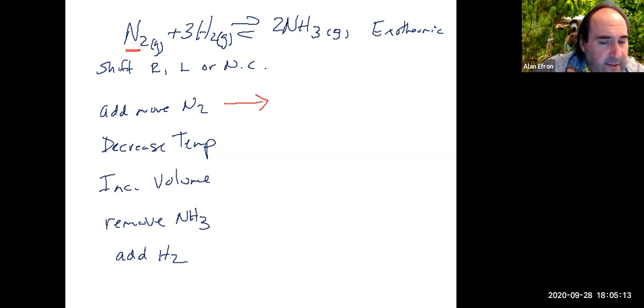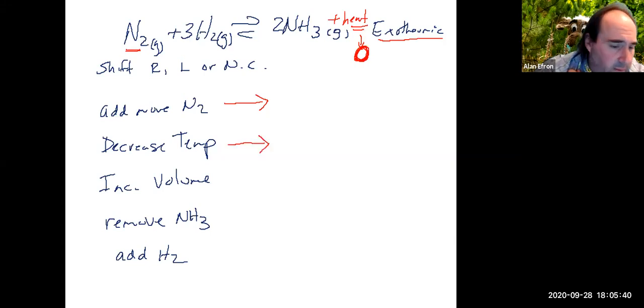If we decrease the temperature, so the important part here is this is exothermic, which means if we wrote heat and energy into the equation, it would be a product. And if we decrease the temperature, it would be like removing this heat. And when we remove, it goes towards the side we removed it from, which means this would also shift to the right, which is the side where we removed it from.